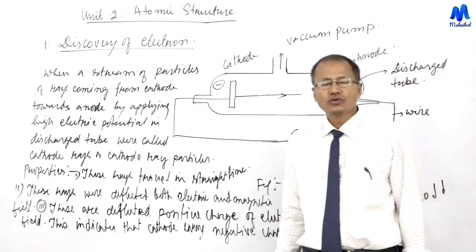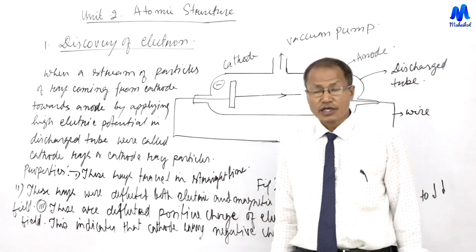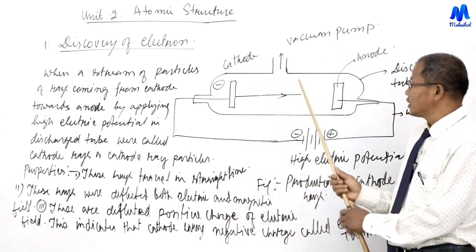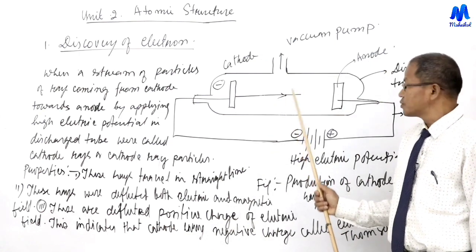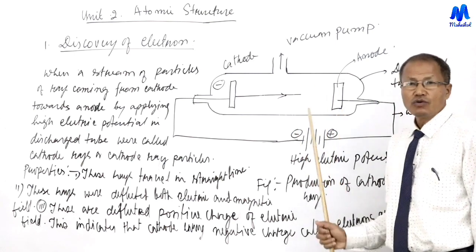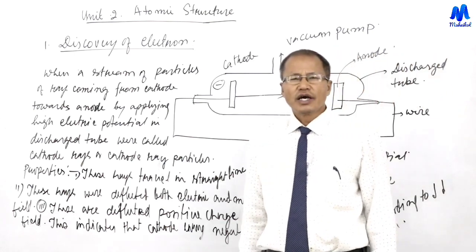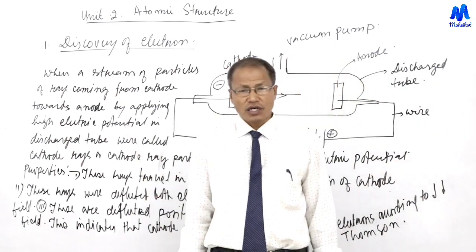How do we realize that they travel in a straight line? When a paddle wheel is placed in front of these rays, the image of the paddle wheel is found on the screen, and that shows that the rays travel in a straight line.